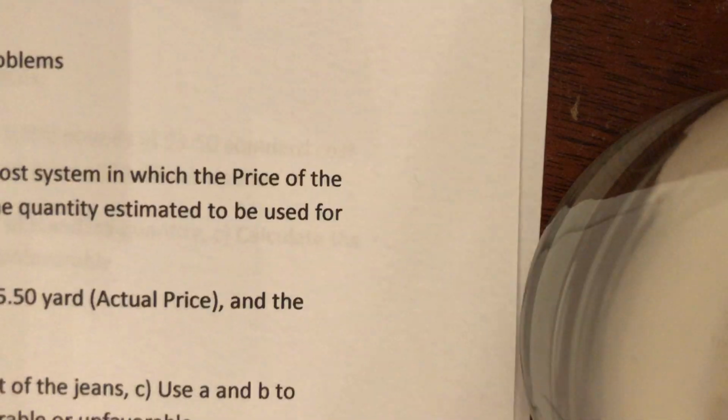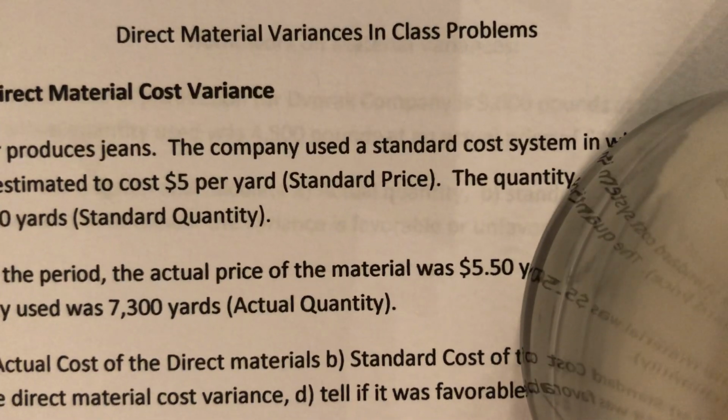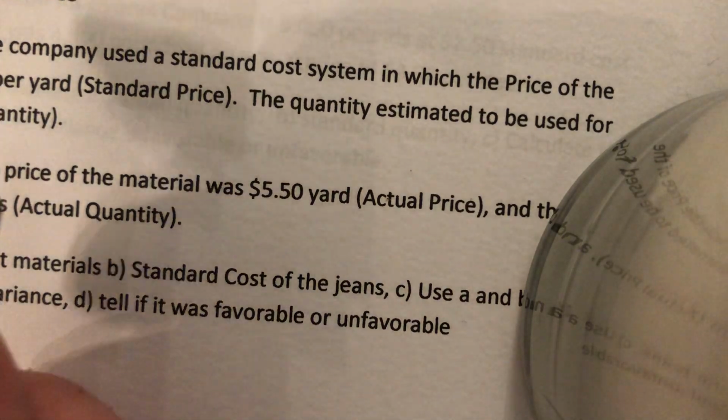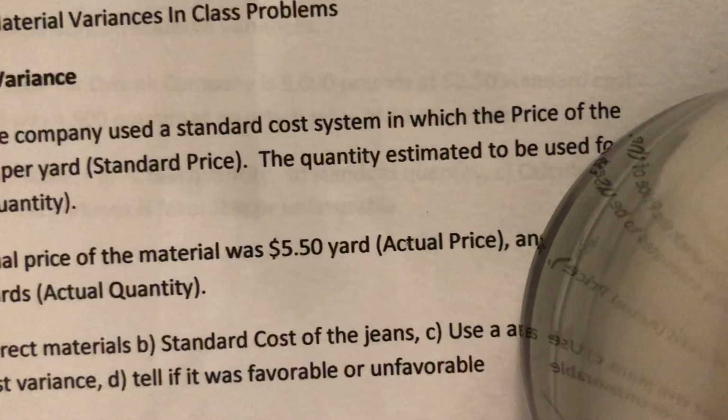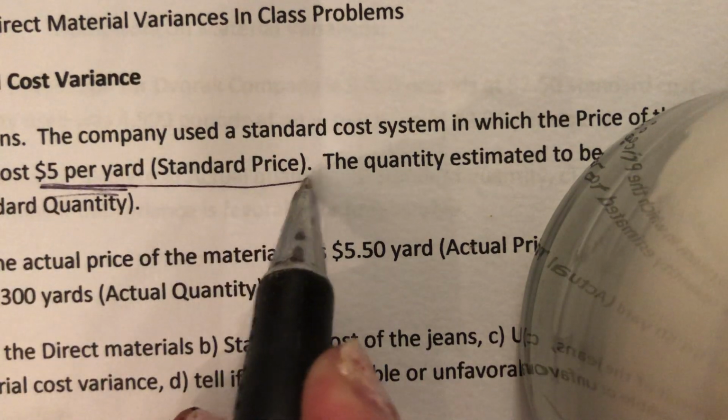And this is about producing blue jeans. We have a company here called Western Rider, and the company uses a standard or budgeted cost system. In this, it was estimated that the material was going to cost them $5 a yard. That's the budgeted price.